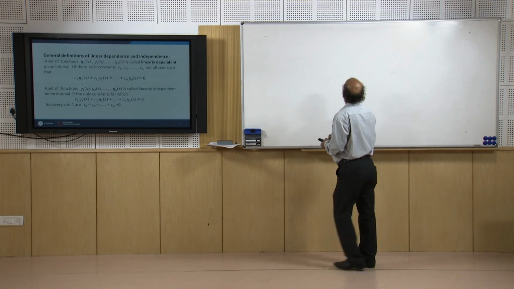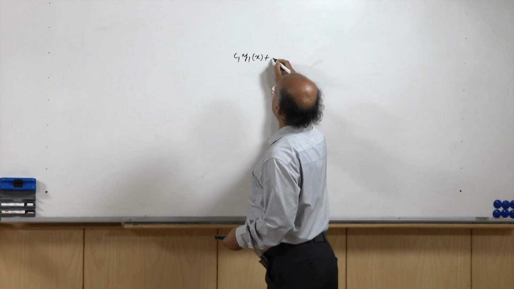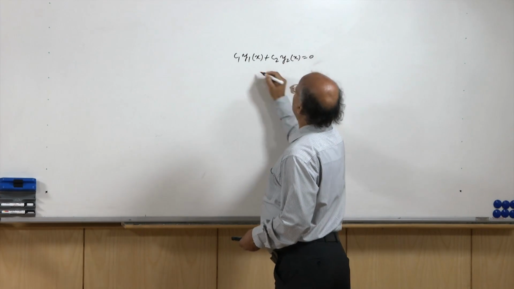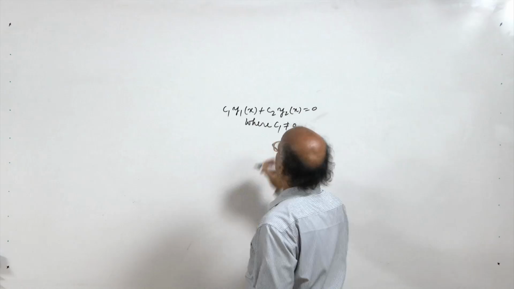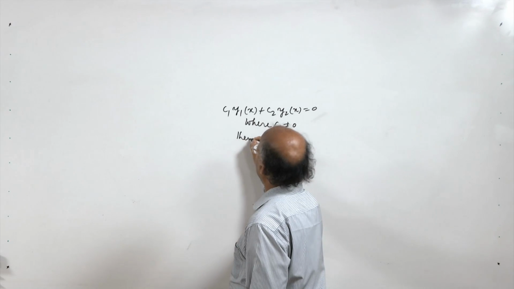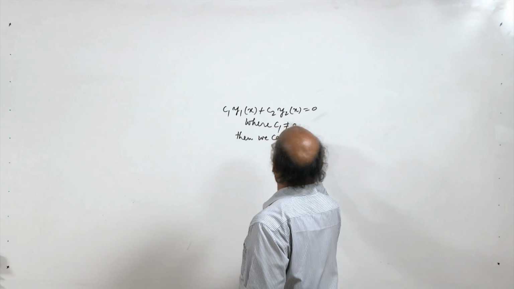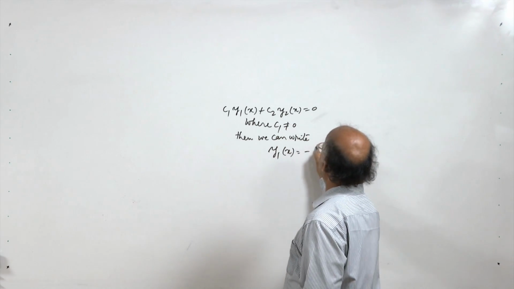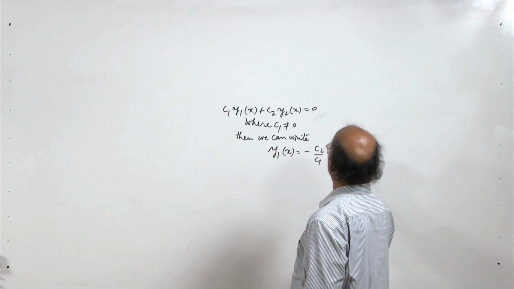So suppose c1φ1(x) + c2φ2(x) equals 0, where c1 is not equal to 0. Then we can write φ1(x) equal to minus c2 over c1 into φ2(x).